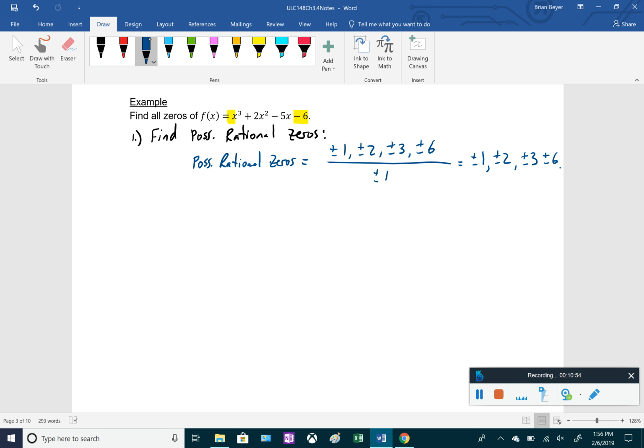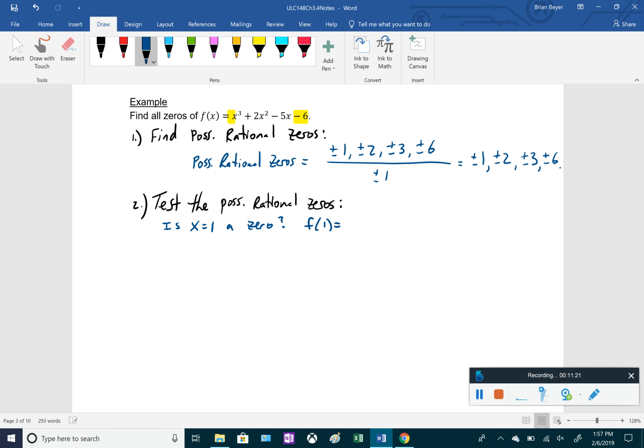And what we're going to do now is test all of them until we find one that is an actual zero. So I'm going to start with +1. Is x equal 1 a zero? Well, I'm going to plug that in and do f of 1.